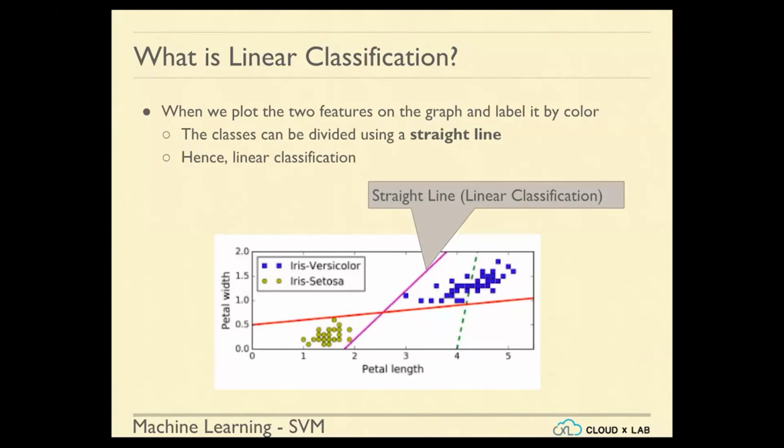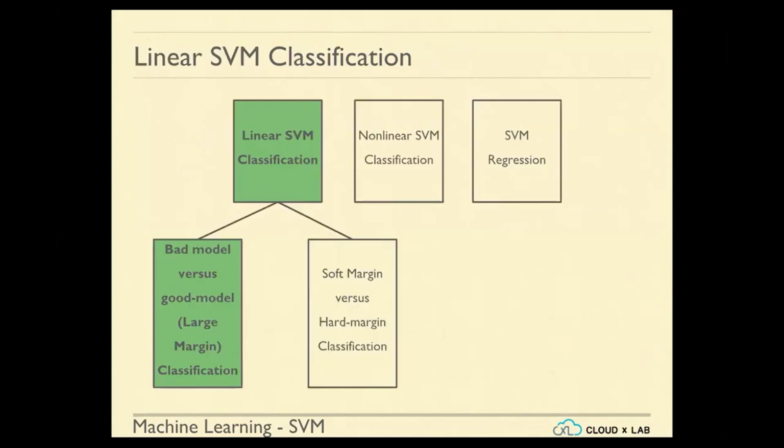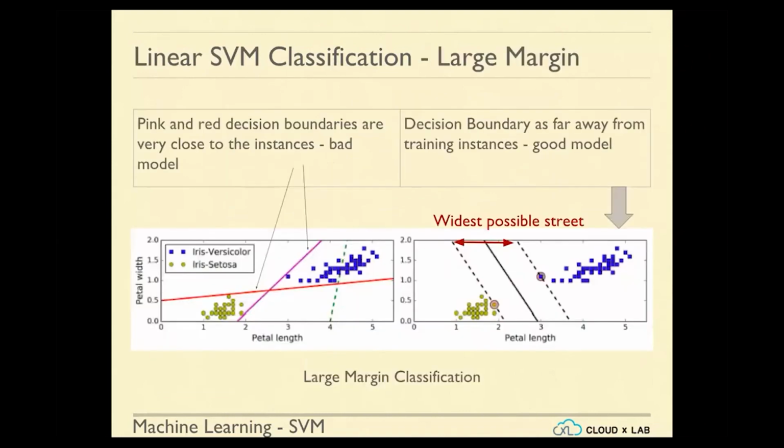So there's the straight line. When we plot it, we can divide it using a straight line. All right. So the pink and red decision boundaries are very close to the instances, and hence those are bad models, while a decision boundary as far away from the training instances as possible is a good model. Correct?